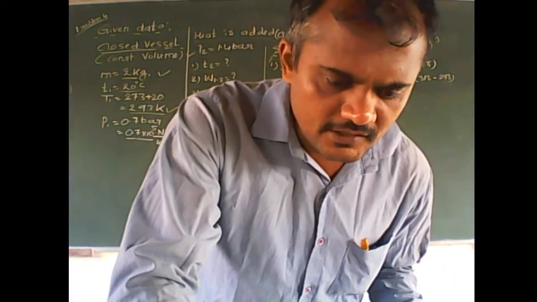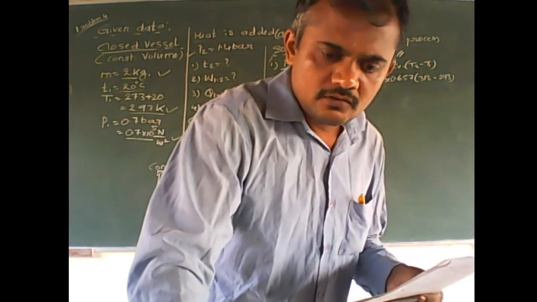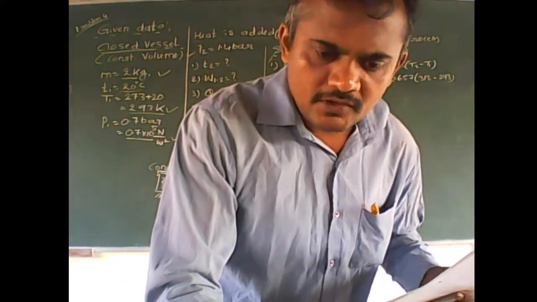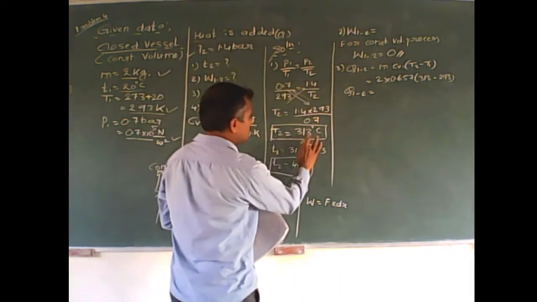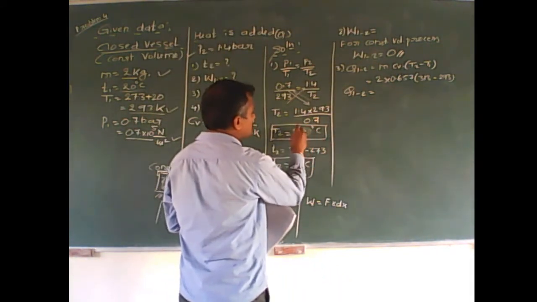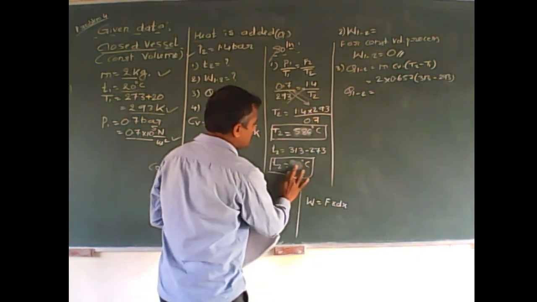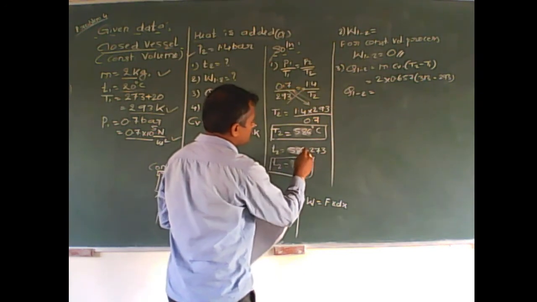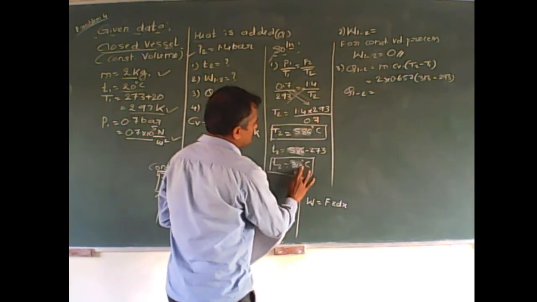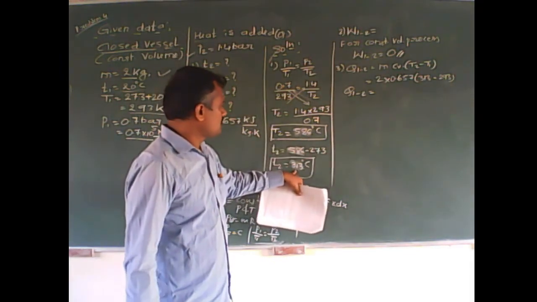How much are we getting? 2 into 0.673. One minute, I'm sorry, here 586. Okay, so here we are getting 586, and the temperature we are getting is 586 minus 273, we will get 313.